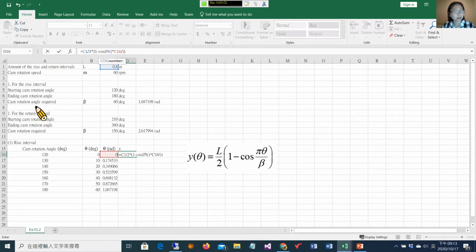Beta is the cam rotation angle required here, and enter.